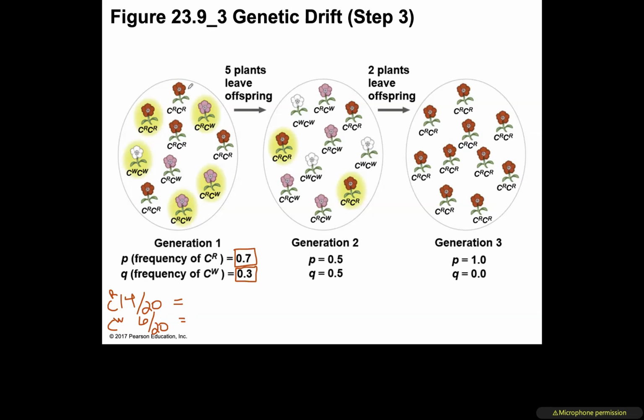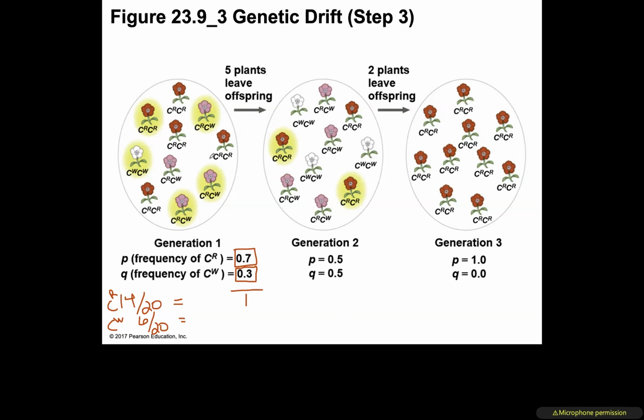If this is a 100% population, a whole population, and you know how many red alleles there are, 0.7, well, take 1 minus 0.7 and you get 0.3. So if you recall, they're always going to equal 1. And 1 means it's 100% of the population.